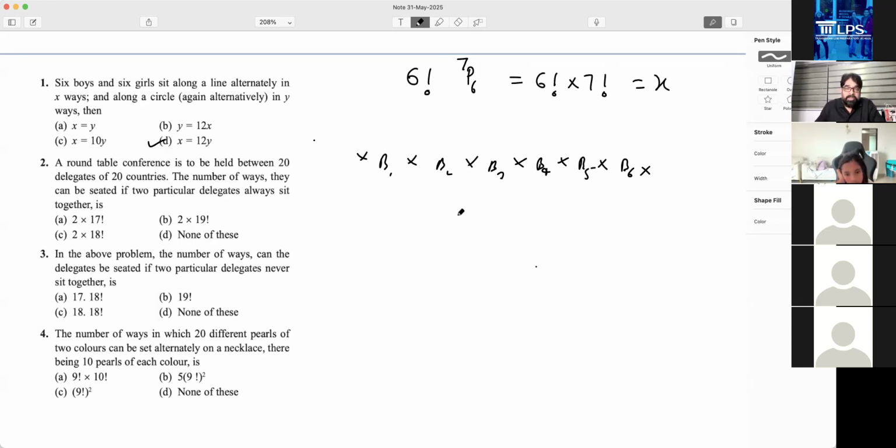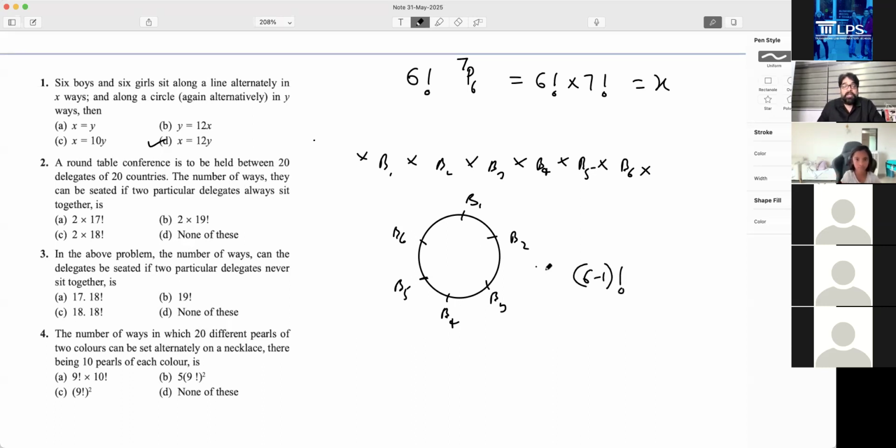Now, along a circle, watch it. If B1 I arrange here, B2 here, B3 here, B4, B5, B6, this can be done by 6 minus 1 factorial ways. Boys can be arranged. Now for the girls, where is the place? 1, 2, 3, 4, 5, 6.